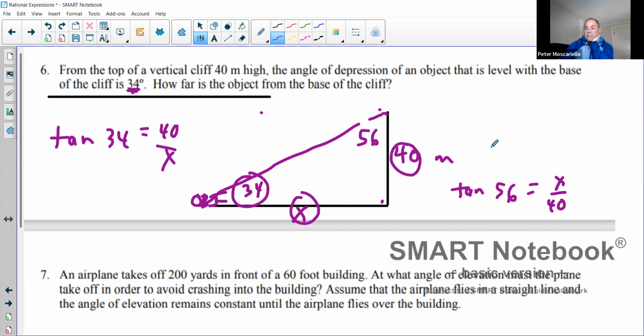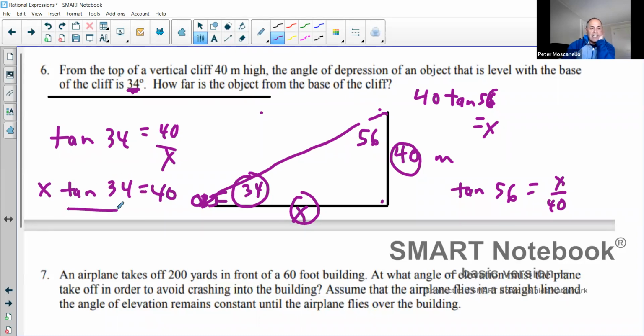This one's easy to solve. Just multiply by 40. So you get 40 tangent 56 is equal to X. This one, you have to multiply by X and then divide by tan 34, right? No biggie. So X equals 40 over tan 34.